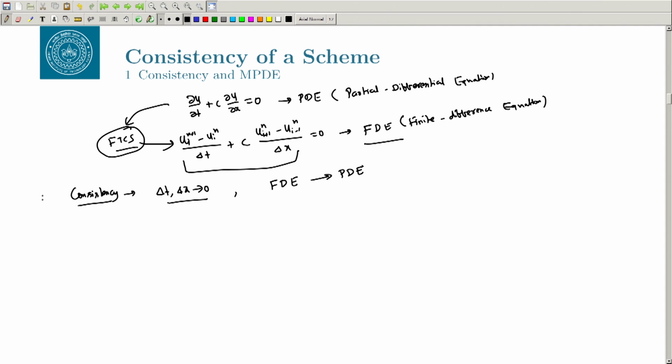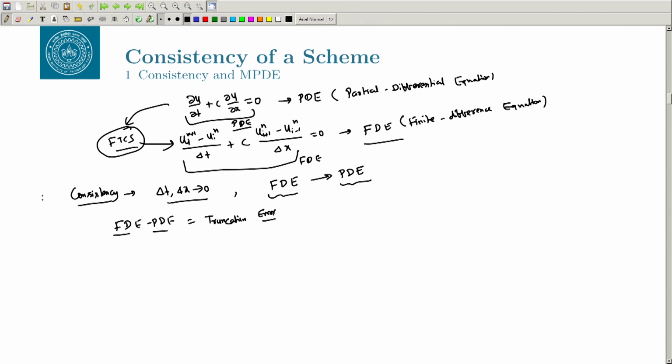That is what consistency says: as you decrease delta t and delta x all the way to 0, your finite difference equation should become the PDE or approximate the PDE. In order to see that, you can take the difference FDE minus PDE. This is my FDE and this is my PDE. And as we know from our earlier classes, the difference between the two is called the truncation error.